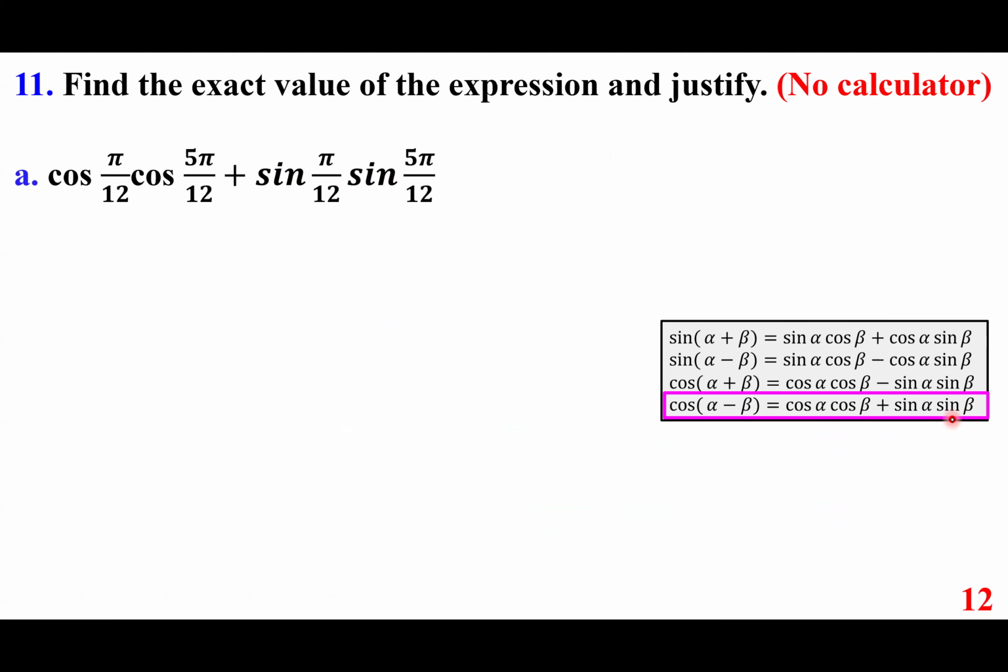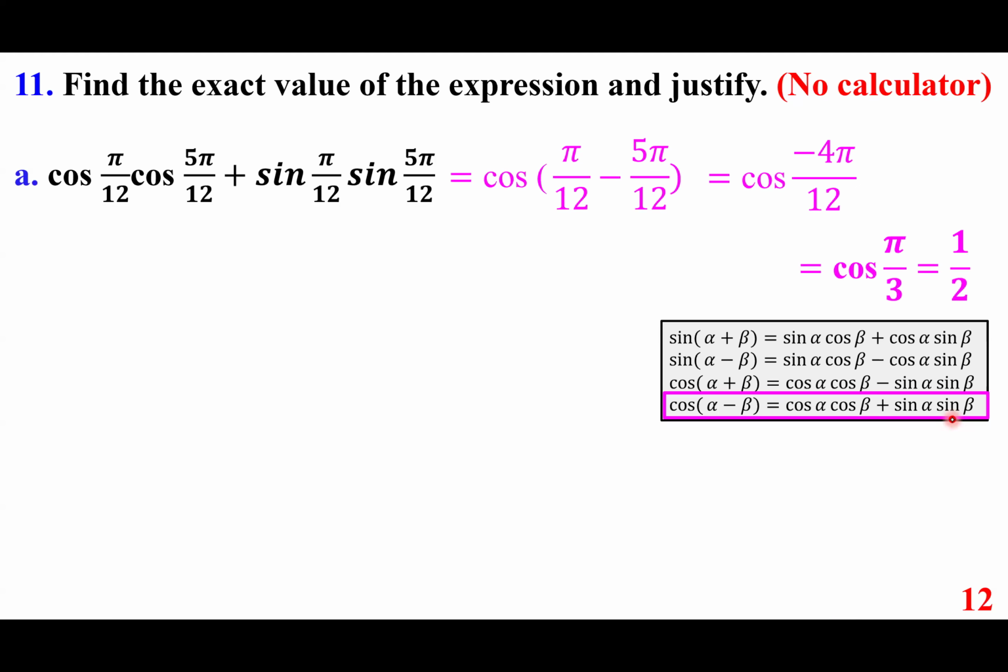Therefore, cosine of pi over 12 minus 5 pi over 12, which is cosine of negative 4 pi over 12. Now, negative 4 pi over 12 is negative pi over 3, and cosine is an even function, so it's the same as cosine of pi over 3. Remember, cosine of minus theta is cosine of theta. That's what it is, an even function, which is 1/2.